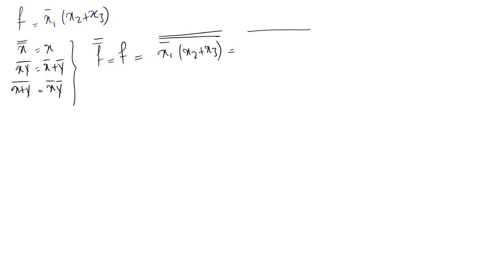This is going to be (x1 bar bar plus (x2 plus x3) bar). I used the second rule I have there, the first version of De Morgan's law. Now this is equal to (x1 plus (x2 plus x3) bar), with a bar on top of everything.